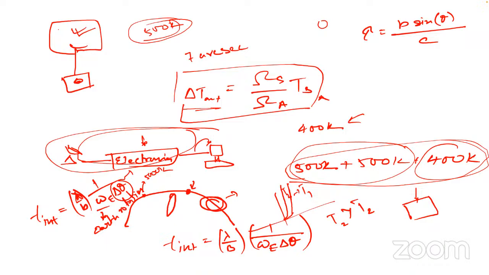If we intend to conduct this observation at a wavelength of 8 centimeters, what is the maximum integration time in seconds we can use to achieve this sensitivity? Okay, sir. So this is the actual question.